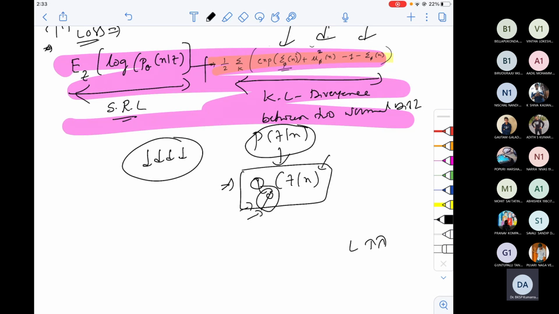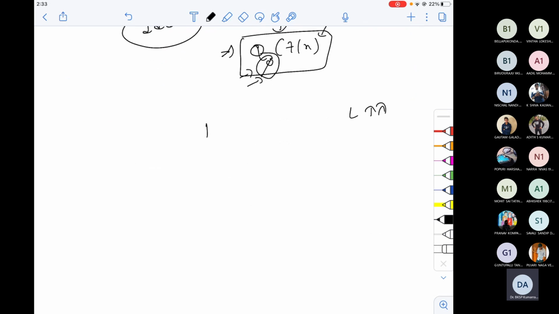Now, once I have a minimal loss, what is the next step? I have to do backpropagation, and again you need to update the weights. What are the weights that I have? Weights with respect to theta, and weights with respect to phi. So you need to run gradient descent. Assume my optimal weights are theta star and phi star.